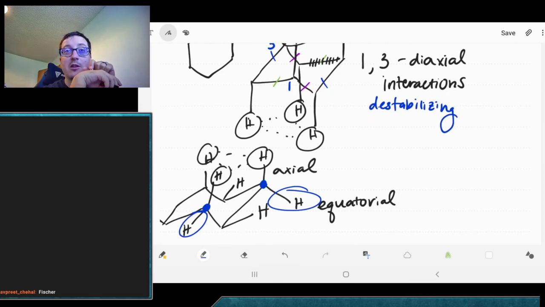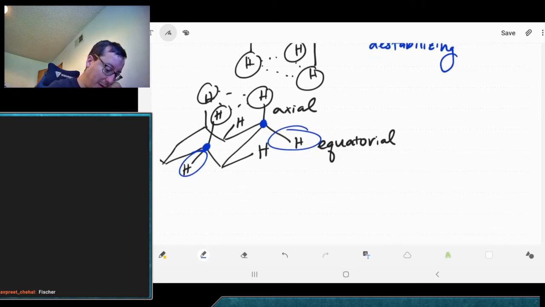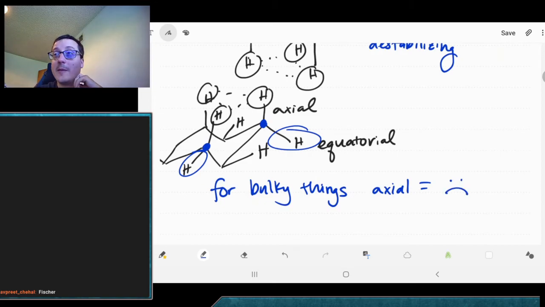However, the equatorial ones are pointing far away from each other. And as a result, we're not going to have problems with equatorial substituents. So for bulky things, we do not want them to be axial. Equatorial is the way to go with bulky things.